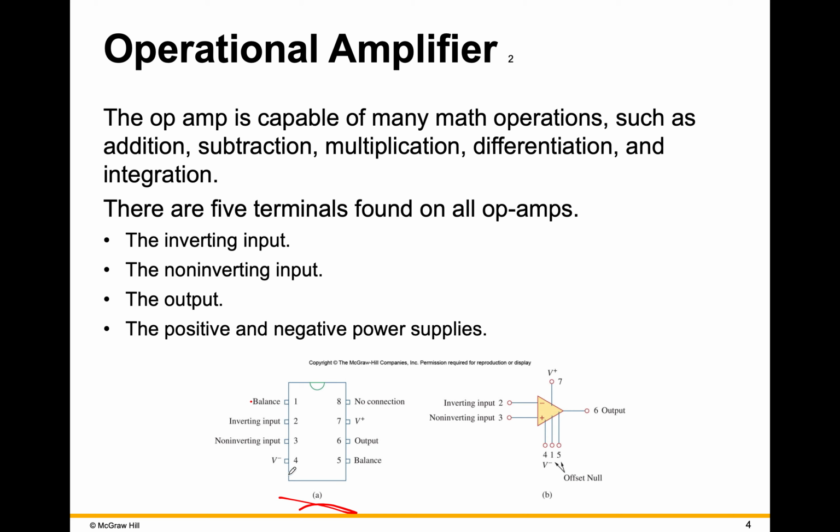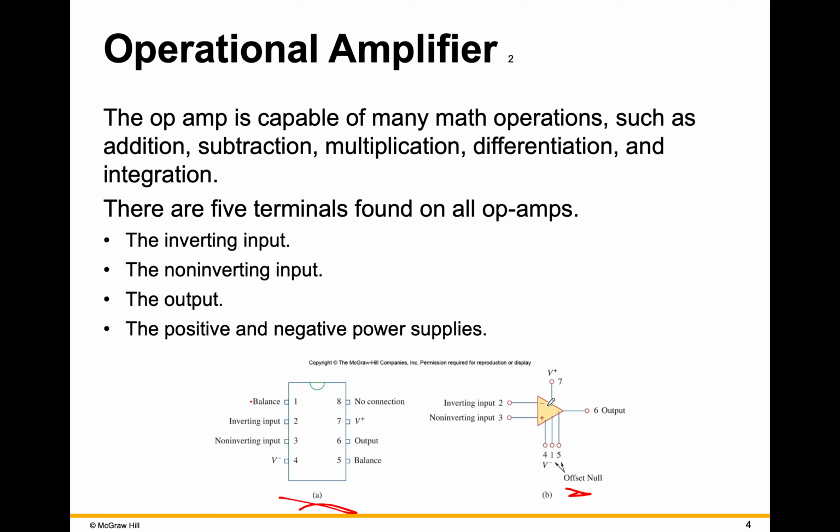You have a V plus and a V minus. And then this is what it would look like in a schematic. So if you actually draw a circuit, it looks like this. You have the inverting input and the non-inverting input. The inverting input is labeled with a minus, the non-inverting input labeled with a plus.